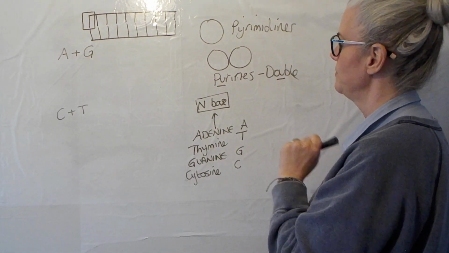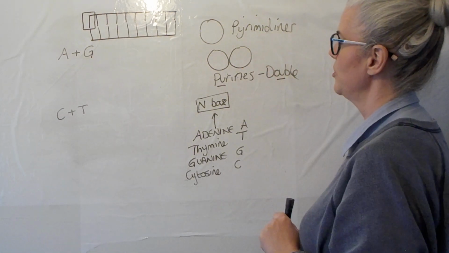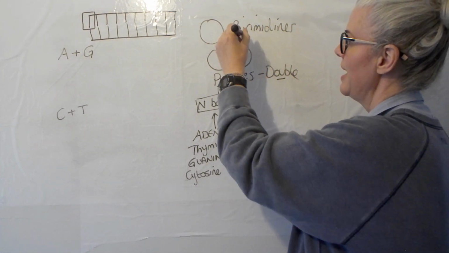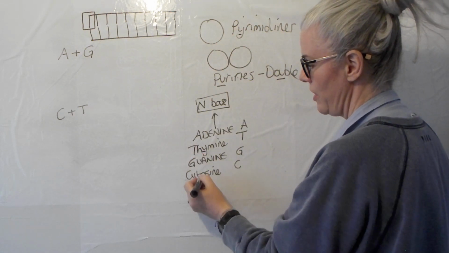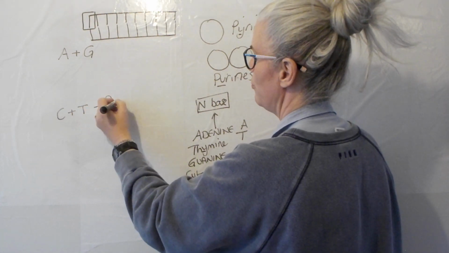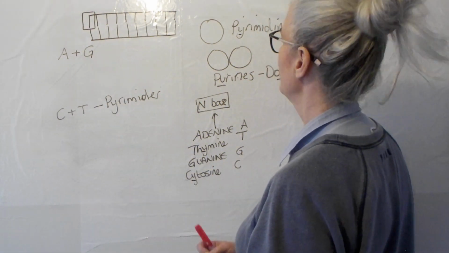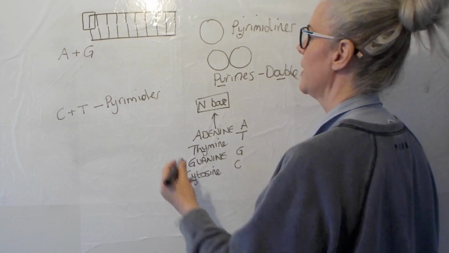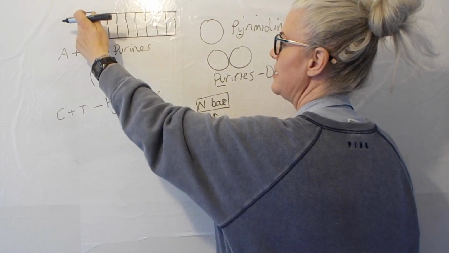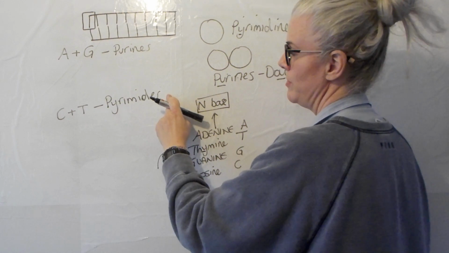Okay? Now, you also need to remember which of these are the pyrimidines and which of these are the purines. The pyrimidines one is the more easy one to remember. Pyrimidine has a Y in it, so does thymine and cytosine. So thymine and cytosine, they are the pyrimidines. And I really can't spell. Pyrimidines. Yeah. And the A and G, they are the purines. Now, when these complementary bases pair, a purine always pairs with a pyrimidine.